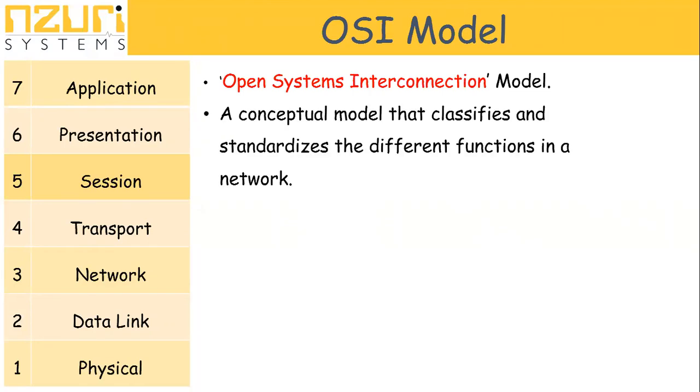This model is a conceptual model that tries to classify and standardize the different functions in a network. Inside our network, we have so many different pieces of software and so many different pieces of hardware that we use. The OSI model tries to make sure all these things can work together in unison.